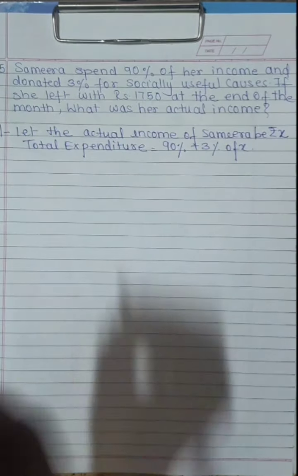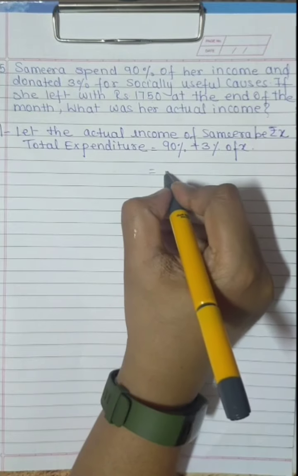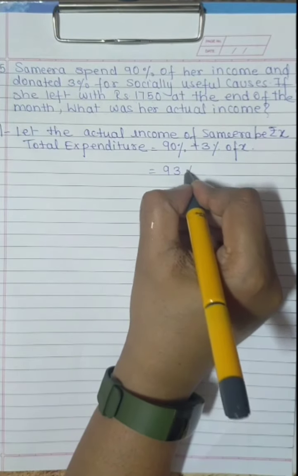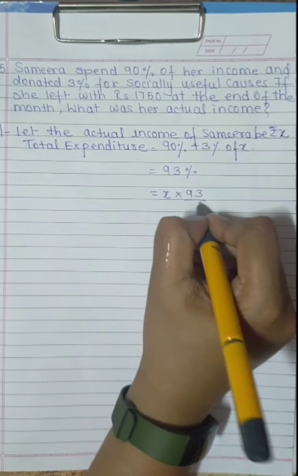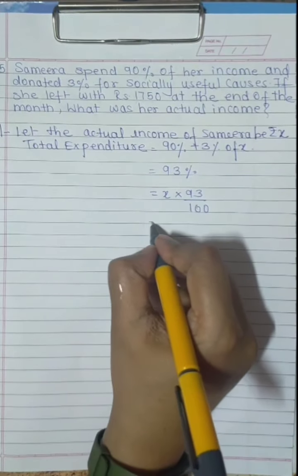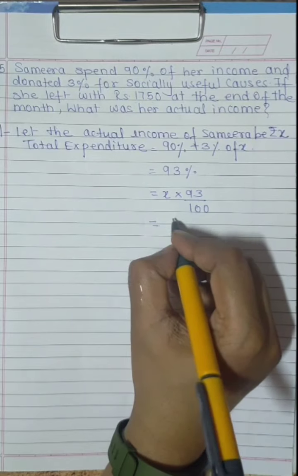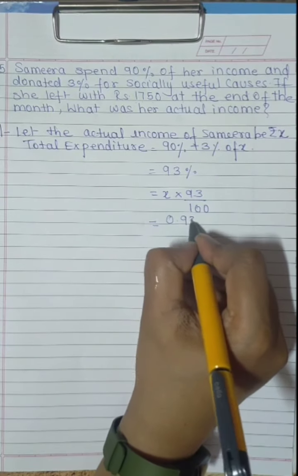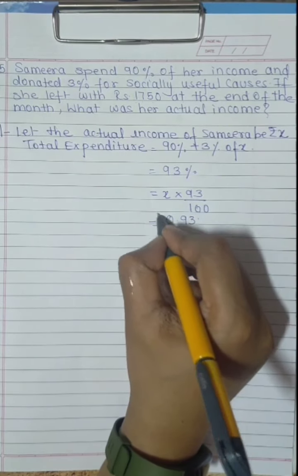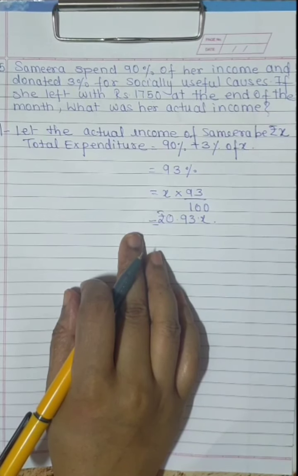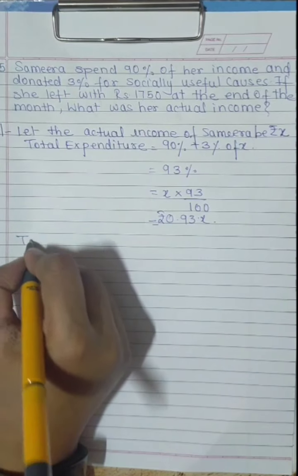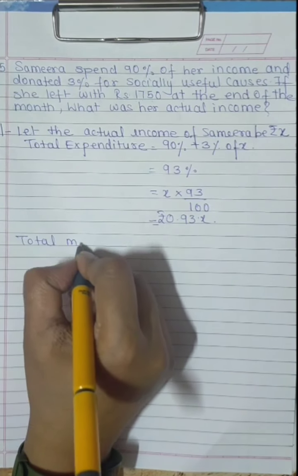So when we add these two, we'll get 93%. So expenditure is 93 upon 100 of X. Now that is 0.93 X, rupees we got.